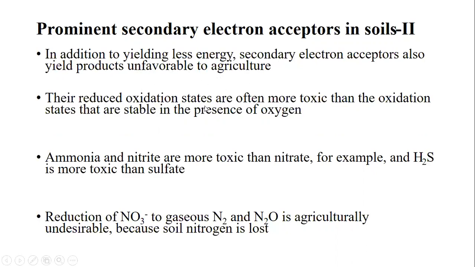The reduced forms are often more toxic than the oxidation states that are stable in the presence of oxygen. So ammonia and nitrite are more toxic than nitrate. Nitrate is the oxidized form, for example, and H2S is more toxic than sulfate. I'll go back to that slide.